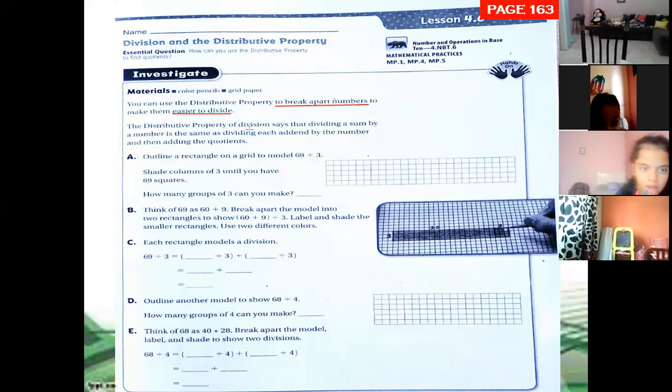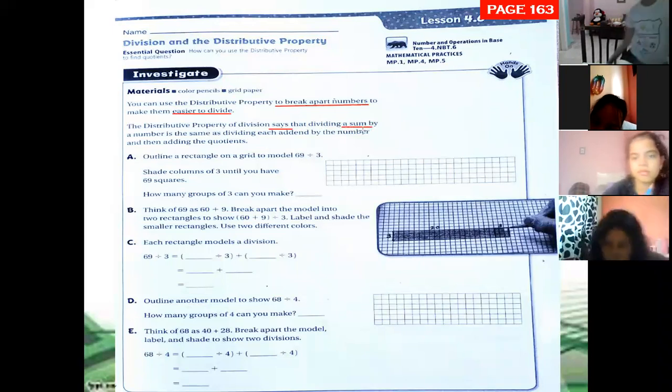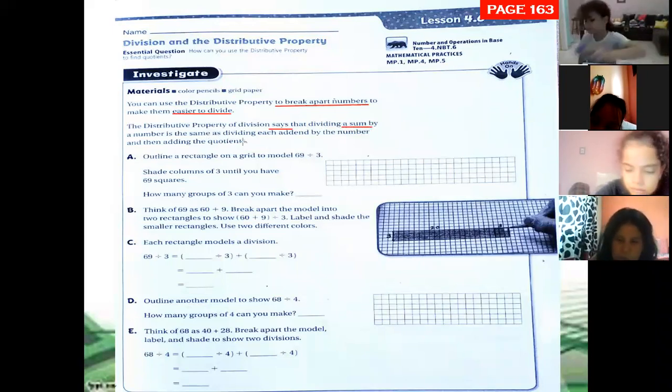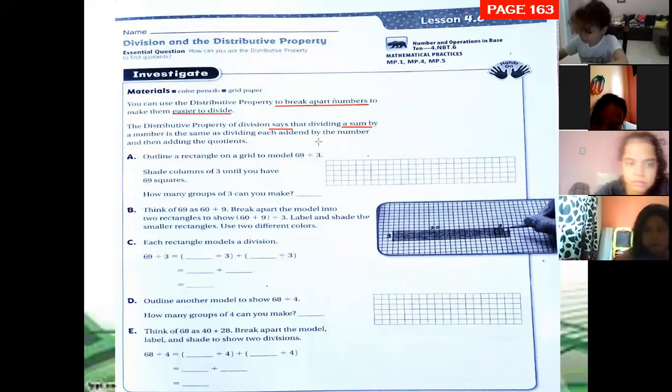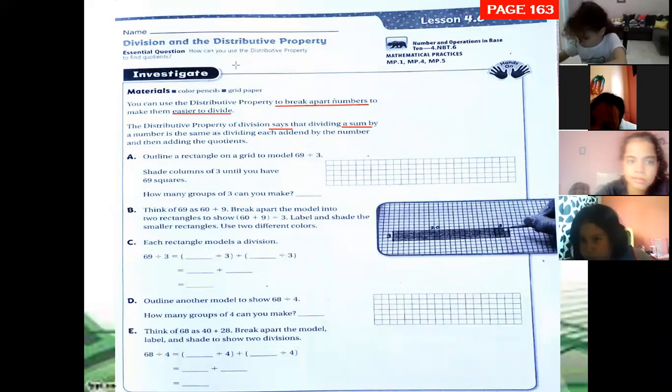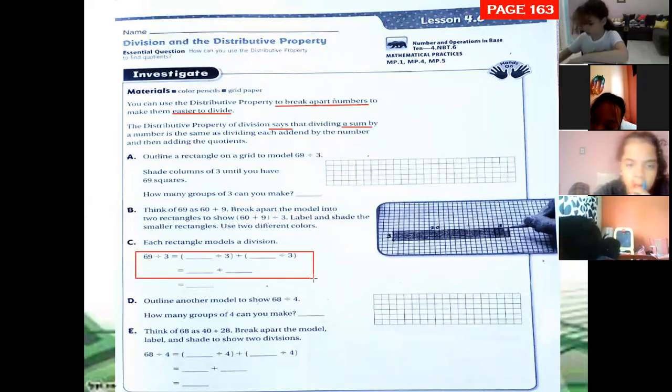The distributive property of division says that dividing a sum by a number is the same as dividing each addend by the number and then adding the quotients. Like this.